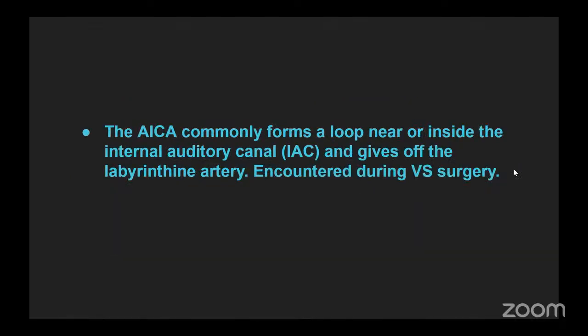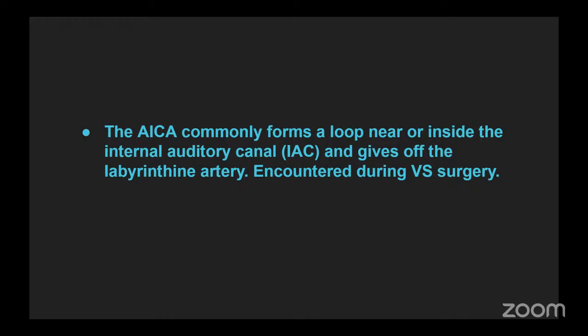Okay. So the other thing that we discussed briefly was AICA. And we know that AICA can have variable anatomy in 30 to 40% of the subjects. Sometimes it branches early, sometimes there are two trunks. We are going to discuss that. And sometimes it gives off the labyrinthine artery way early on during its path.